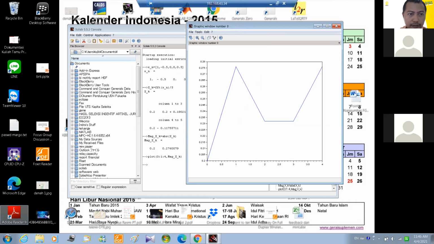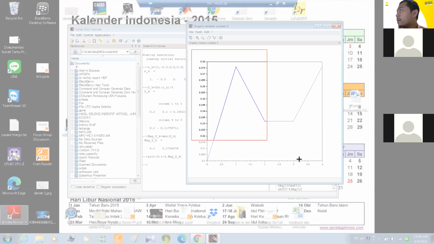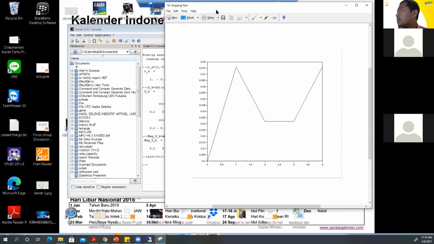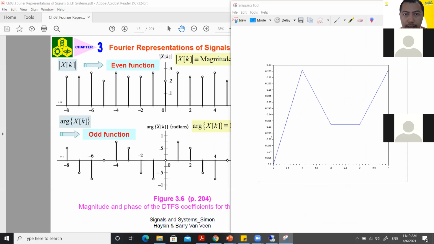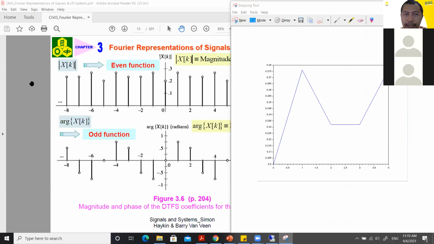I want to show this one, and then compare with the PowerPoint, this one. Can you see both graphs? Yes, sir. Okay, let's take a look. Which is correct or not?